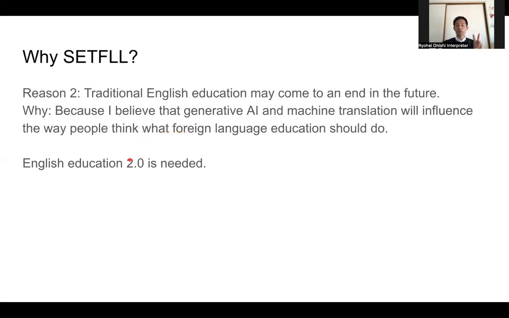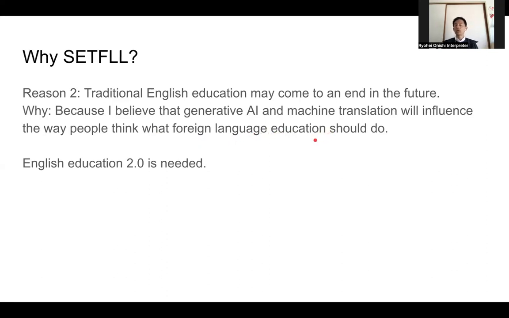But the second reason, when we look at language education, or English education especially, traditionally language education or English education was really about language. But when we think about generative AI and machine translation that can give you the English translation without you learning the grammar, I think this new trend will change the way we think about foreign language education.